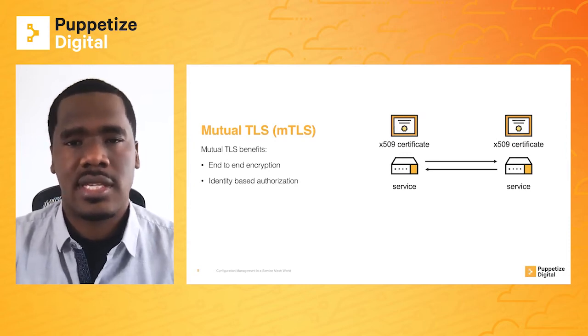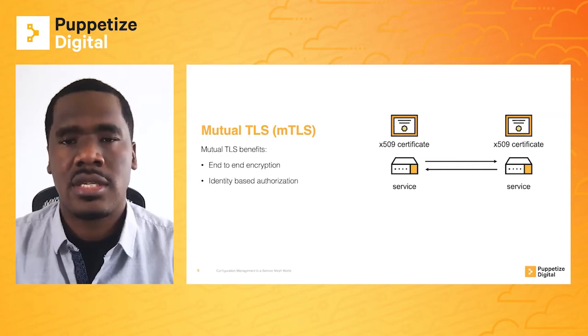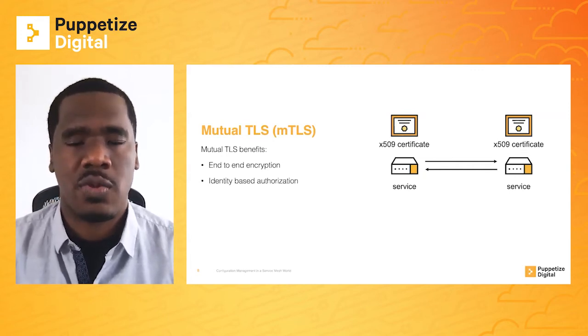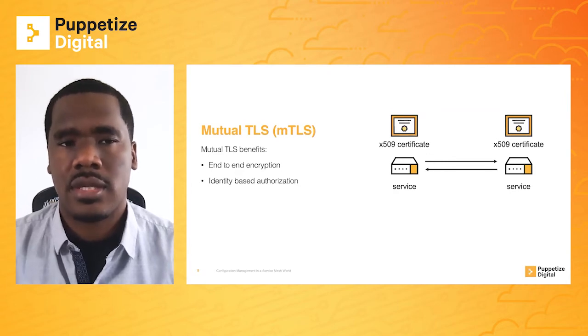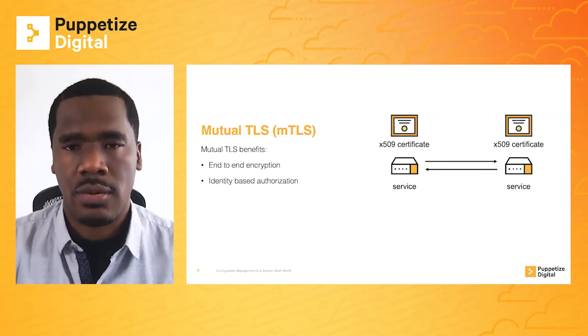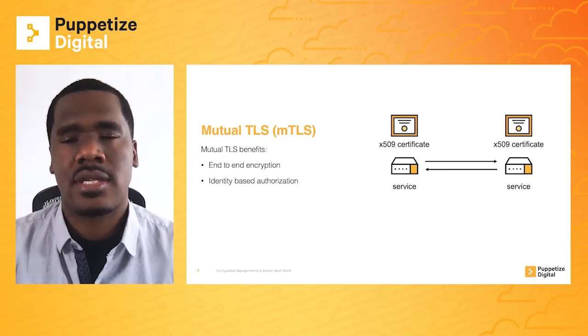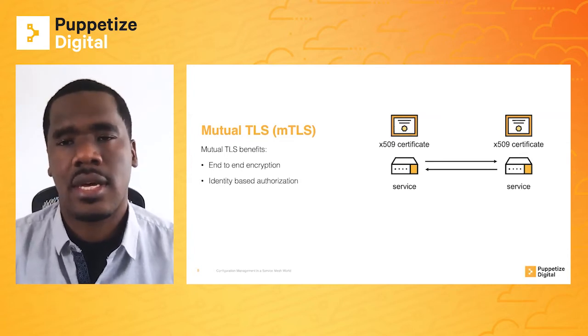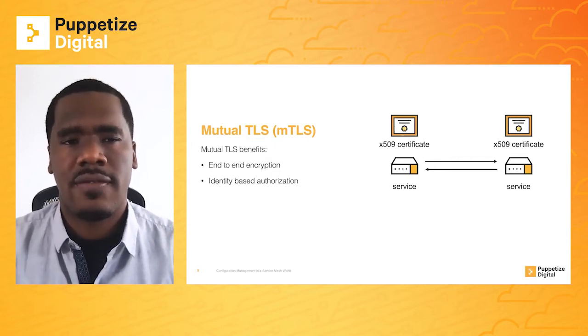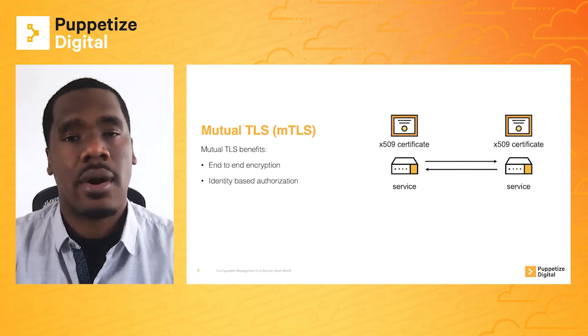So that's where we get the end-to-end encryption. So there's no change to the actual application to enable encryption between one service and another, which removes a lot of overhead in terms of needing to code that into your services or in this case, like a database for the connection piece.